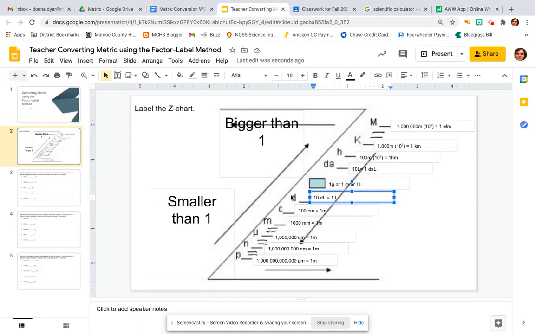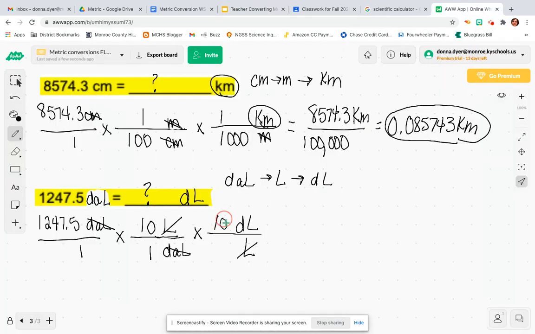Okay, that's going to be deci. So 10 deciliters, 1 liter. Now our units are canceled out. Our answer is going to be in deciliters, which is what I wanted.